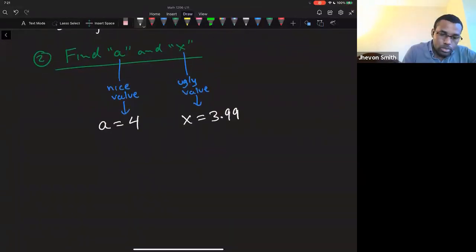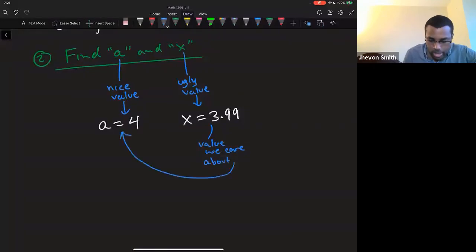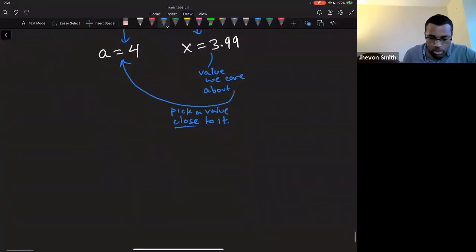So this here is the value we care about. And then what we do is pick a value super close to it, for which we know all the important values.